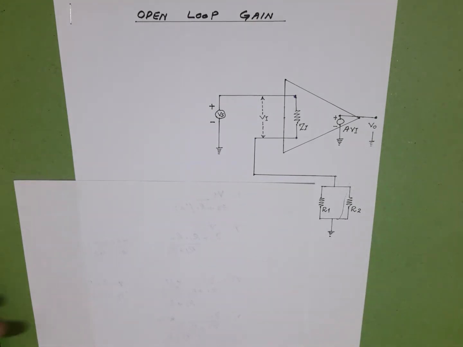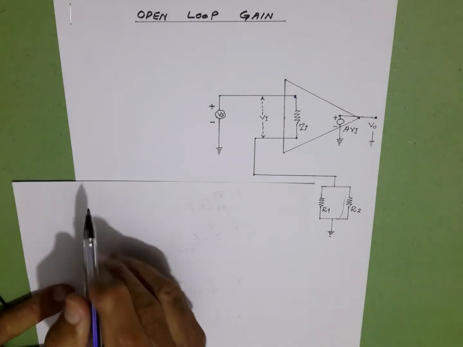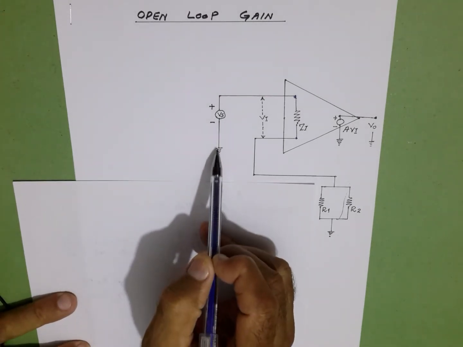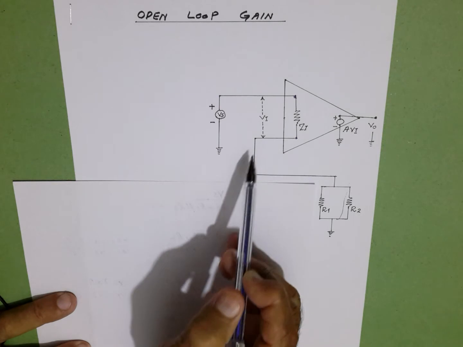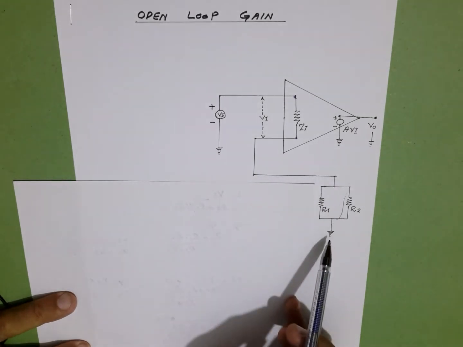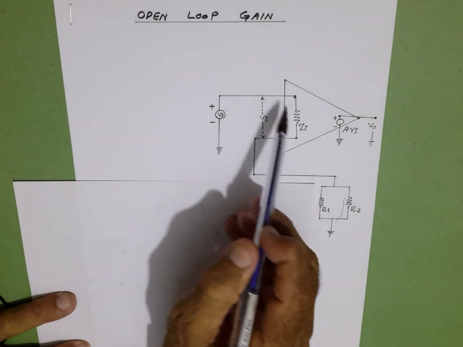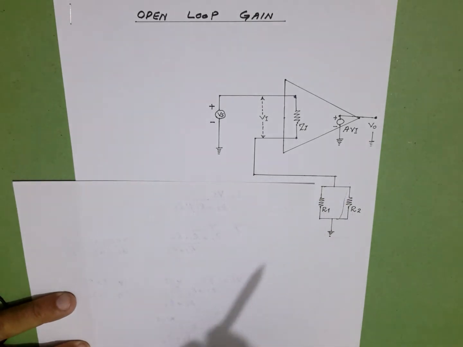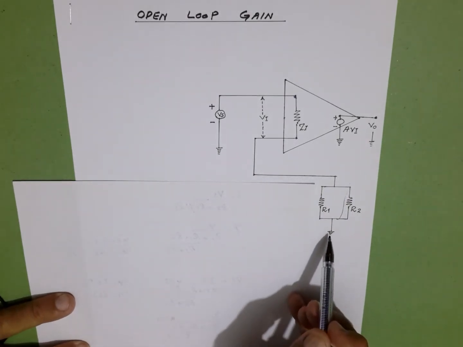Now let us make a few calculations. We are going to calculate the current flowing in the input circuit. From ground, through Zi, it comes here and divides into both branches and goes to ground.